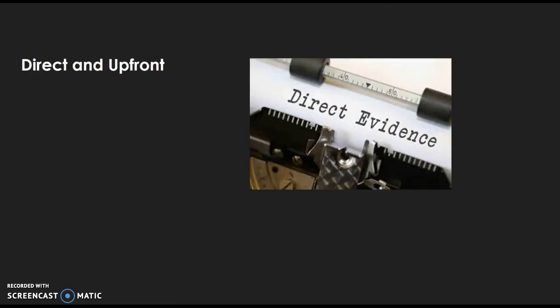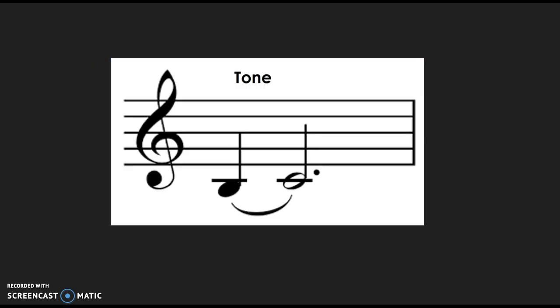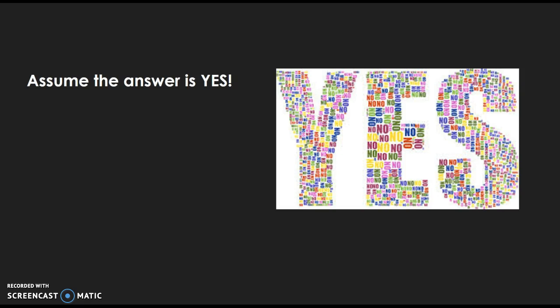On routine messages, you can just be direct and upfront. There's no messing around because the answer is probably going to be yes. You do have to watch your tone, however, not too informal, not too formal, and yes, assume the answer is yes.